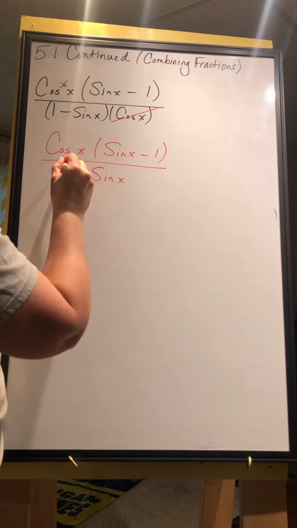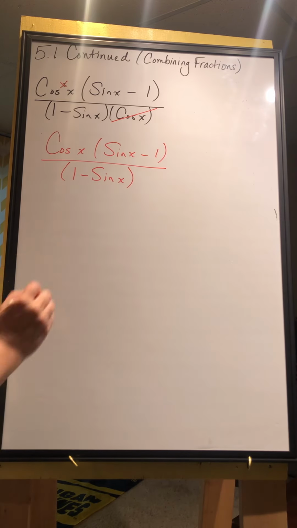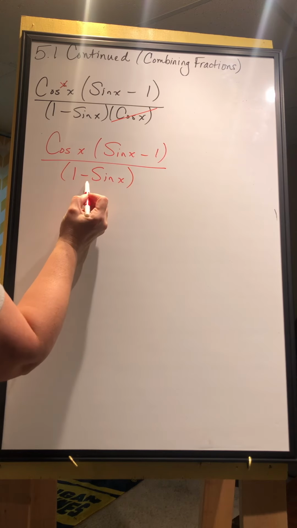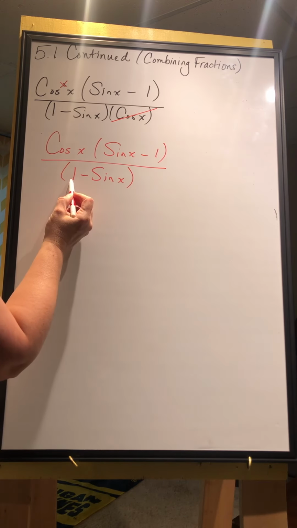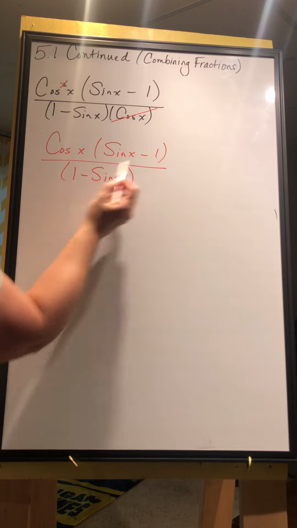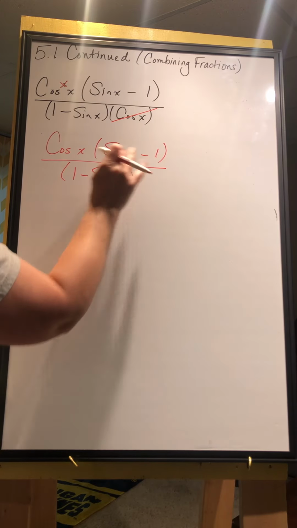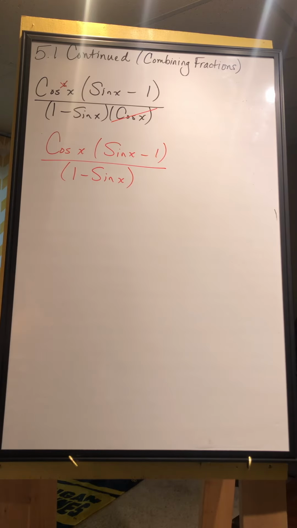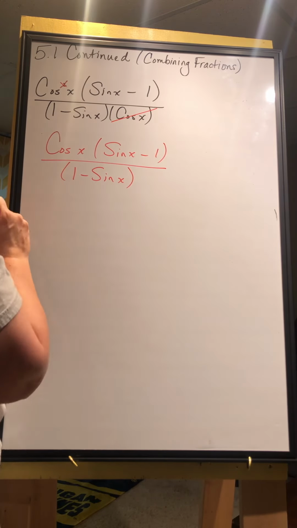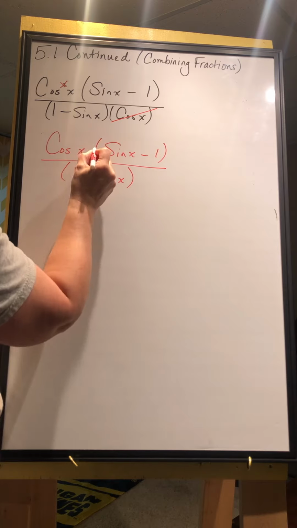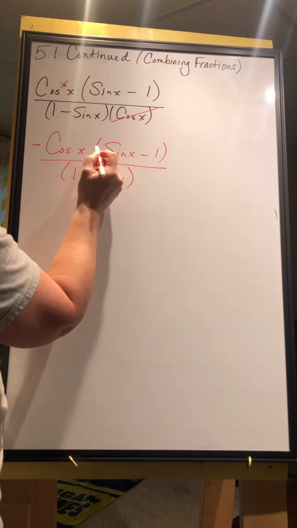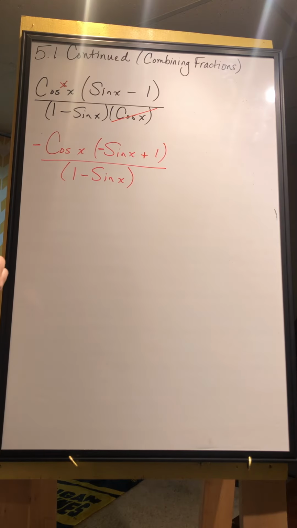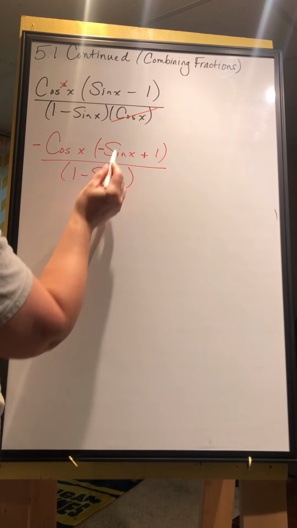Okay, these are quantities that are almost identical. If I factor a negative, I need the sine to be positive and I need the 1 to be positive as well. Or actually, I need the 1 to be a negative, and here I have the exact opposite. So what you can do, if you're just off by signs, is factor out a negative. If I factor a negative out here, that means I can make this a negative and I can make this a positive. So now these are exactly the same.